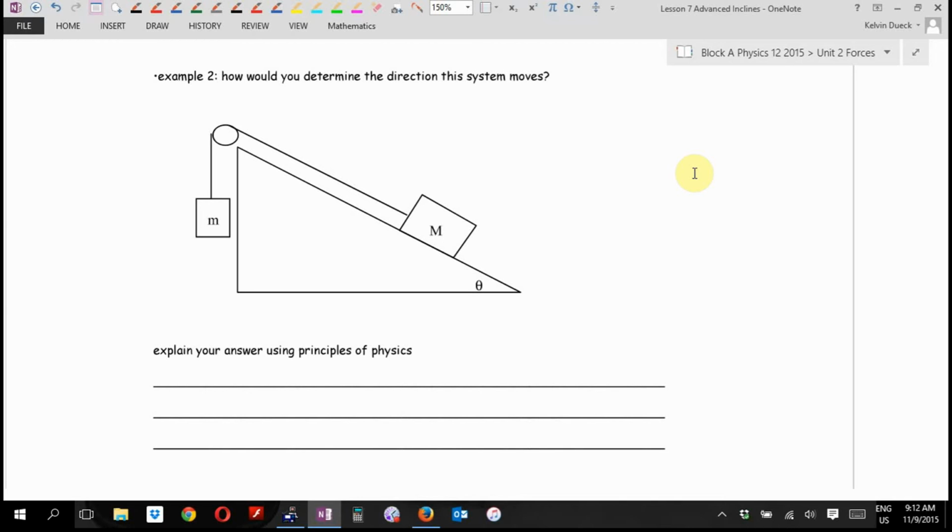First of all, let's label the forces. Little m and big M. What are the forces on little m? I'd have little m, g, and tension. What are the forces on big M?